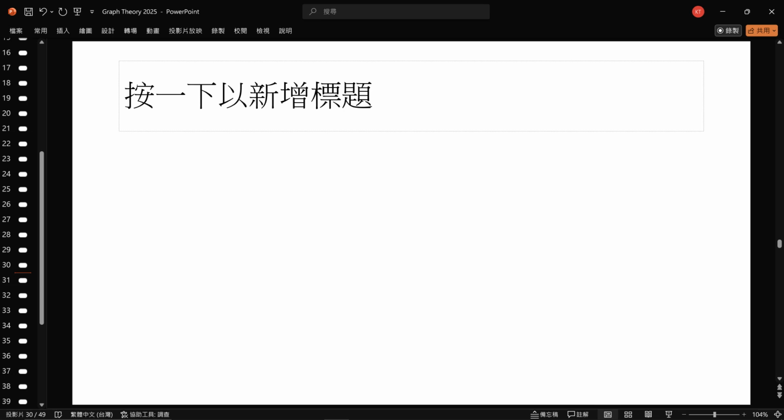Right? So that's a contradiction, right? Because we assume the graph is disconnected, so k is greater than or equal to 2. But we assume that m is at least n minus 1, so that's a contradiction.